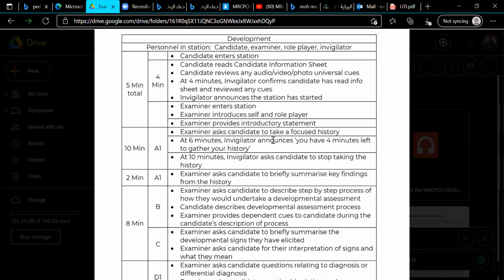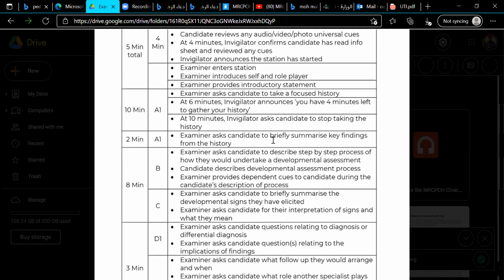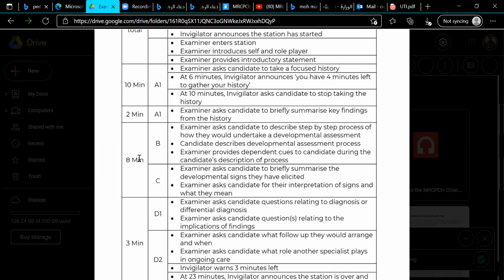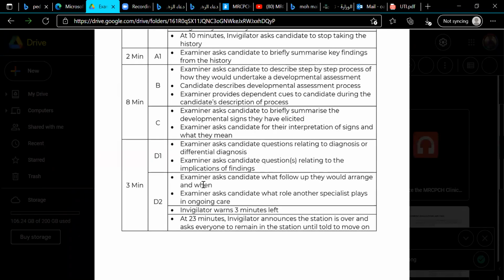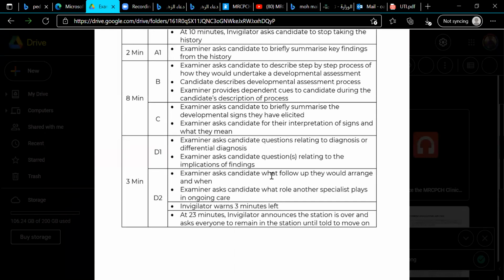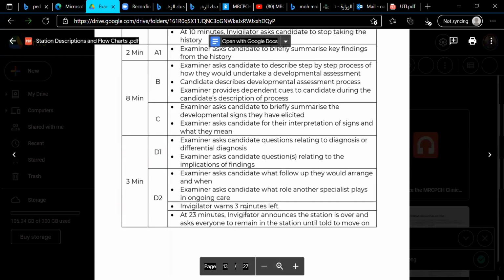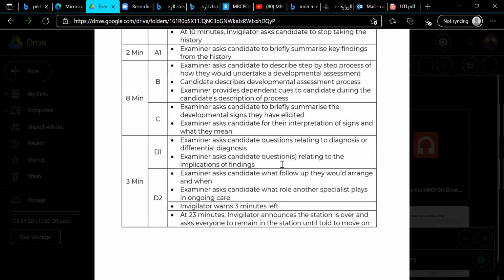Then 2 minutes for summarization of the history. So it will be 6 minutes for the assessment and 2 minutes for summarization, then 3 minutes for the discussion with the examiner about the investigation and management.